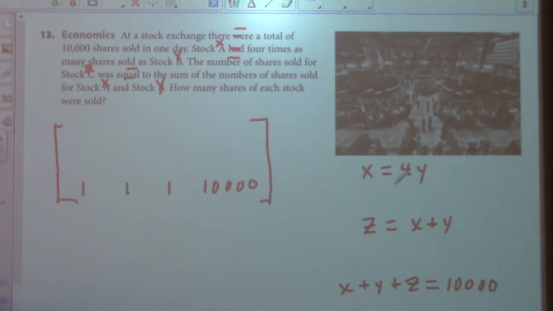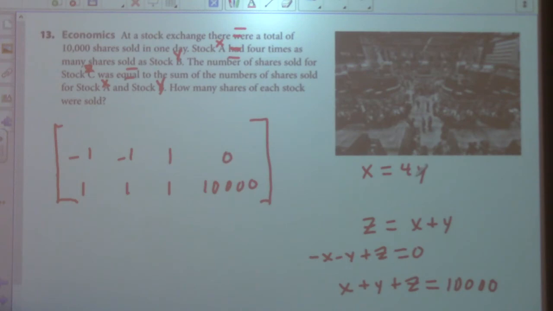Z equals X plus Y. Those two like ones. Okay, yeah, what we have to do is we have to put these to the other side. So we have to subtract these, so what we get is negative X minus Y plus Z is equal to 0. So we get -1, -1, 1, 0.